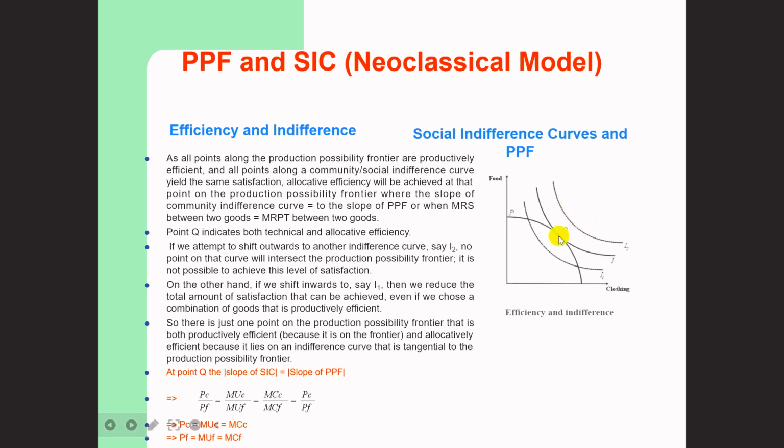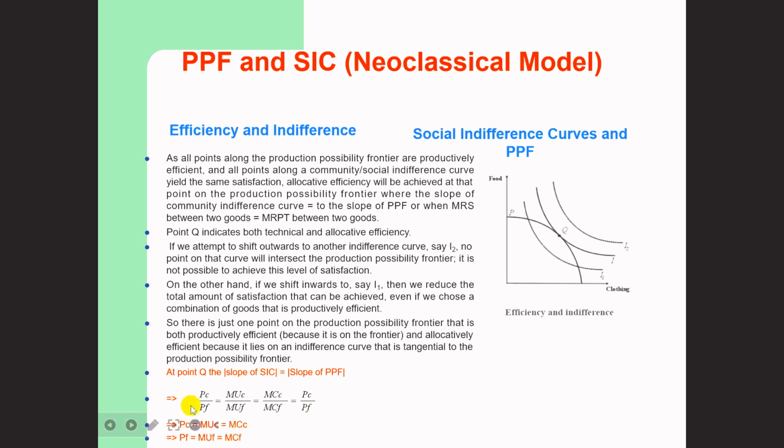So the marginal rate of substitution and the marginal rate of product transformation are both equal at point Q, and this implies that the price ratio of clothing and food is equal to the marginal rate of substitution, that is the ratio of marginal utility of clothing divided by marginal utility of food, and that in turn is also equal to the ratio of marginal cost of clothing and marginal cost of food, and ultimately this is also equal to the ratio of price of clothing and price of food.